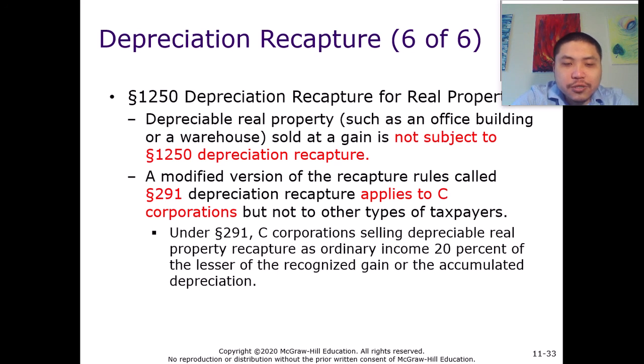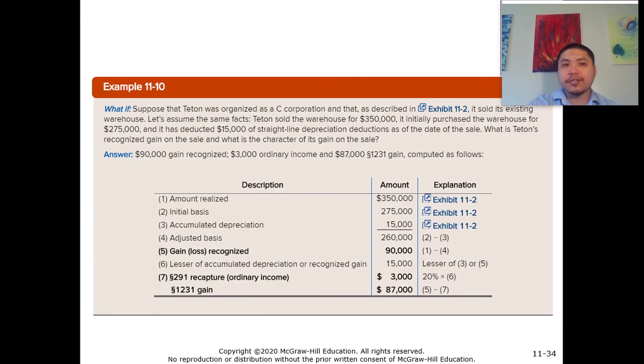Under Section 291, a C corporation selling depreciable real property has to recapture as ordinary income 20% of the lesser of the recognized gain or the accumulated depreciation. I'm not going to talk more about this, but let's look at one of the examples. Maybe it's going to give you a clearer view of Section 291.